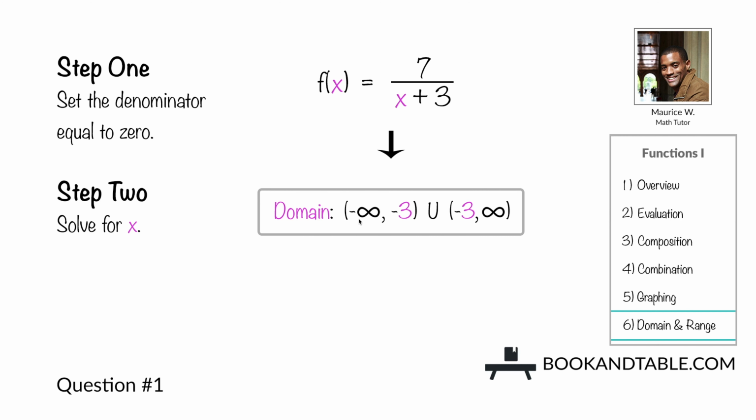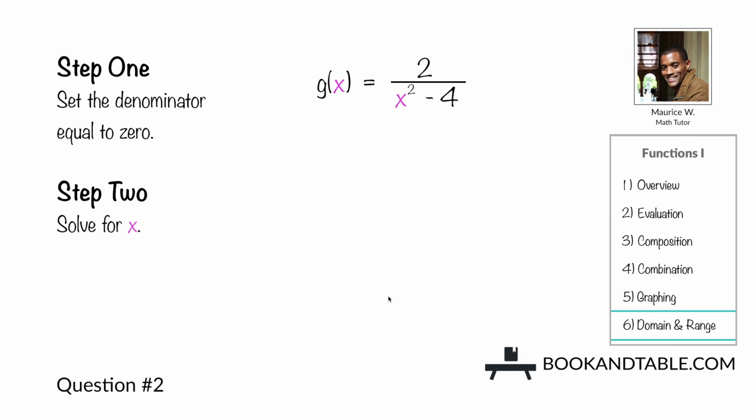The first interval is from negative infinity to -3, parentheses around both, a union in between, and then the second interval, -3 to positive infinity, and this represents all real numbers except for -3. So that is the answer to question number 1.